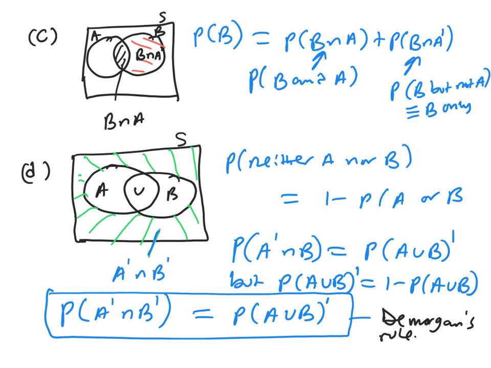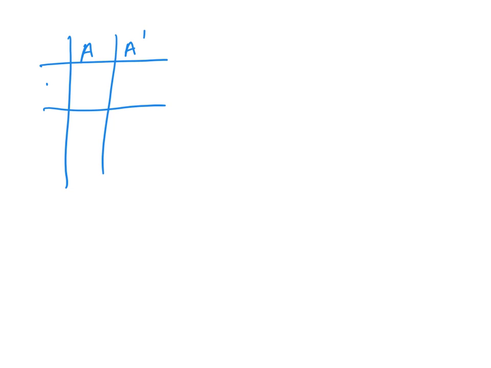Very, very important. So let me summarize these results before we start employing them in our discussion. We can summarize the result in a table, which we call the contingency table. These 4 results we have just discussed can be summarized in the table below. We have A and A complement, then B and B complement.